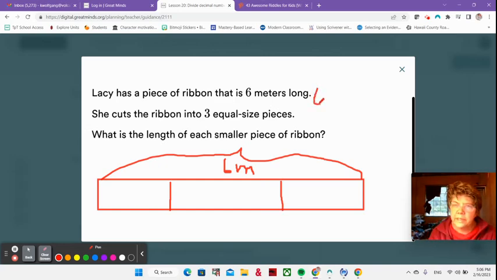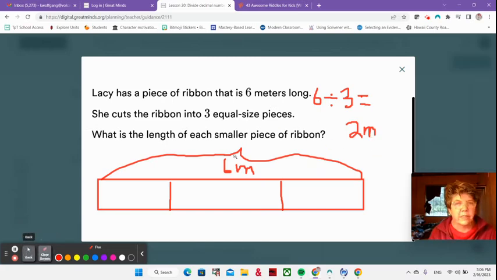Could we do 6 divided by 3 because we're cutting it into 3 equal size pieces? And then each piece, right? That's the question. What is the length of each smaller piece of ribbon? Each piece would be 2 meters long, right? So we take our total, we divide it by the number of pieces, and then we know each piece.